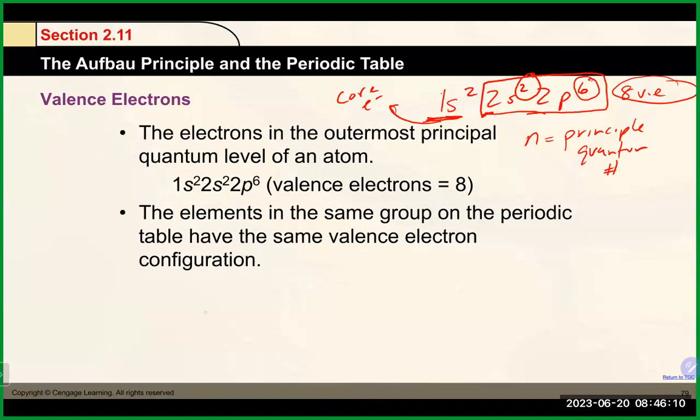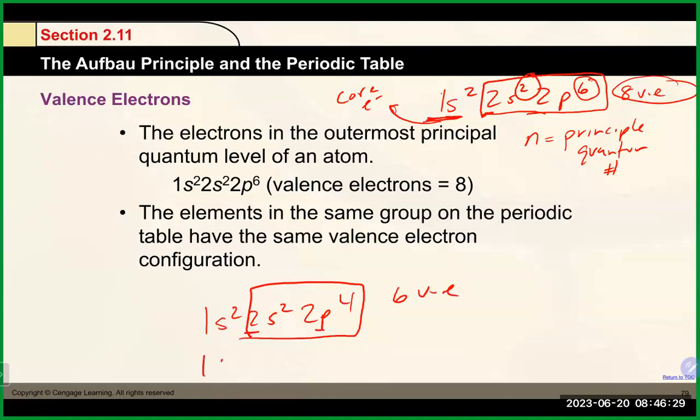If we looked at 1s2, 2s2, 2p4, in this particular case we have 6 valence electrons. Again, we had 1s2, 2s2, 2p6, 3s2.